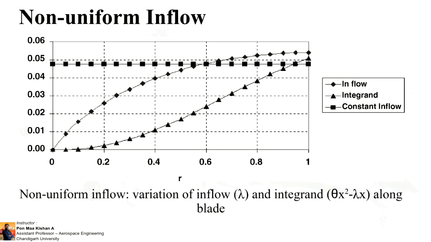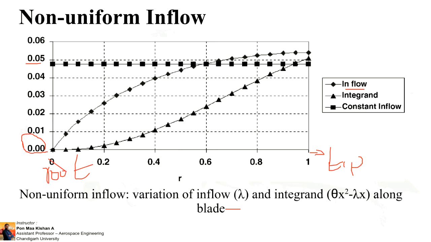So the inflow is here. This is the tip, and this is the root. At the root the induced velocity, lambda, tends to approximately 0, whereas at the tip the coefficient of induced flow we can take as 0.05.